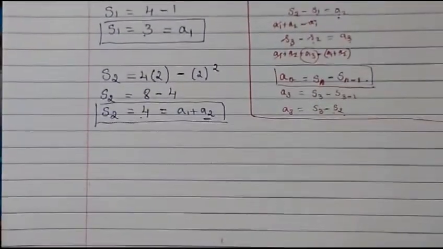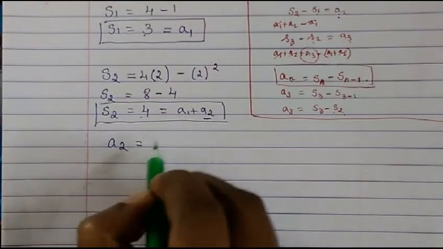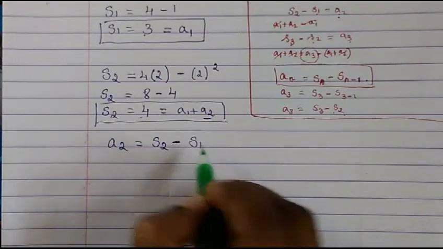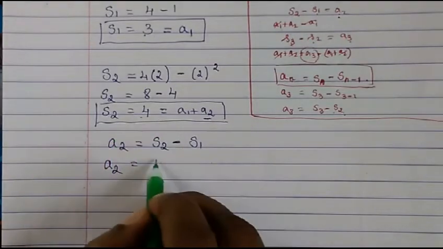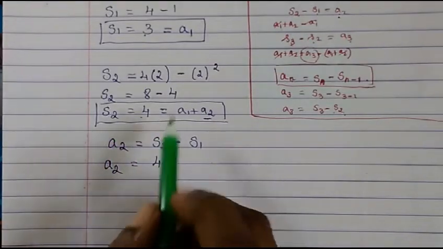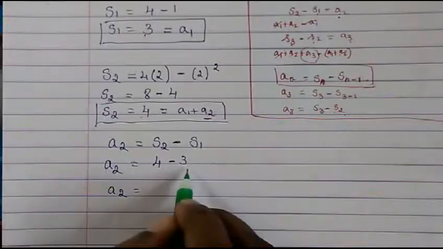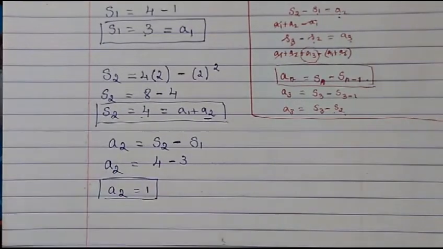So to get A2, we have to minus the sum of the first term from the sum of two terms. So S2 is 4, minus S1 we found out, that is 3. So A2 will be 4 minus 3, which gives us 1. So now we found out A2.